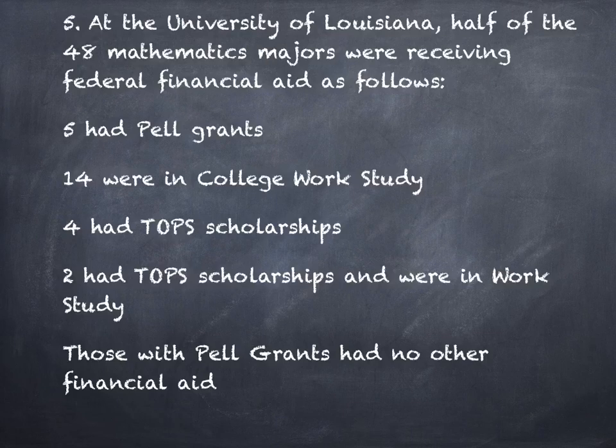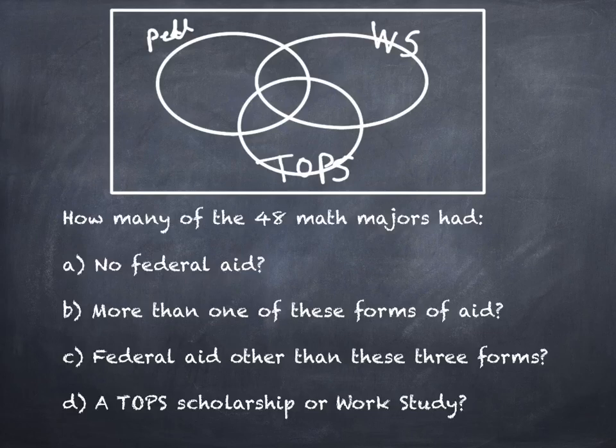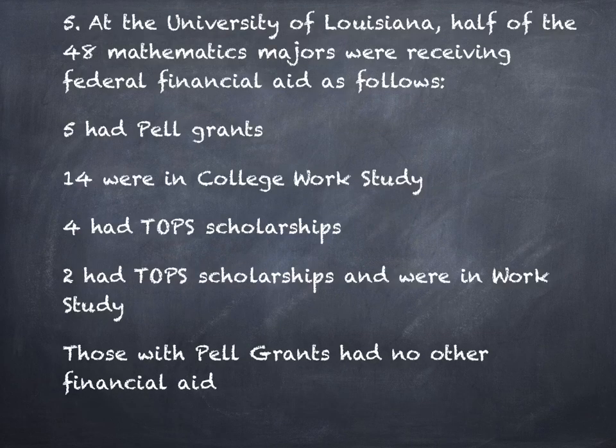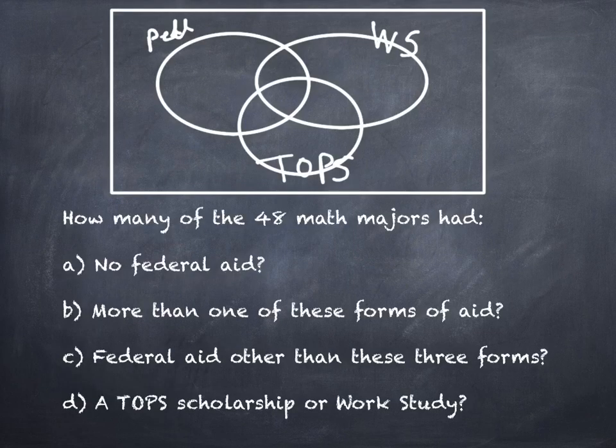If we look at the top scholarships and work study, there are 2 pieces right here that I have to look at, right? Not just one. So we need that piece before we have some of the others, but there might be one we want to look at first. Do you have an idea? That's really good information, isn't it? It says if you have a Pell Grant, you don't have anything else. Not only does that give you that the middle is 0, it gives you something else too, doesn't it?